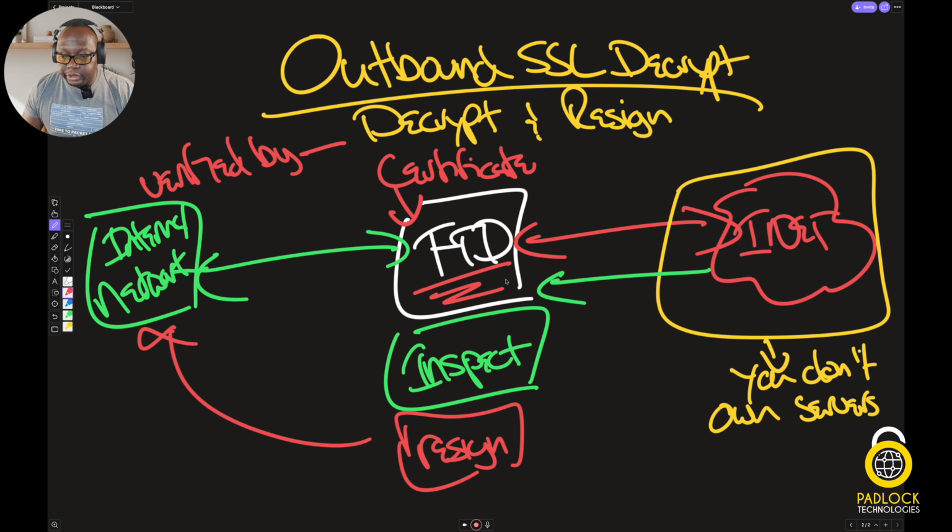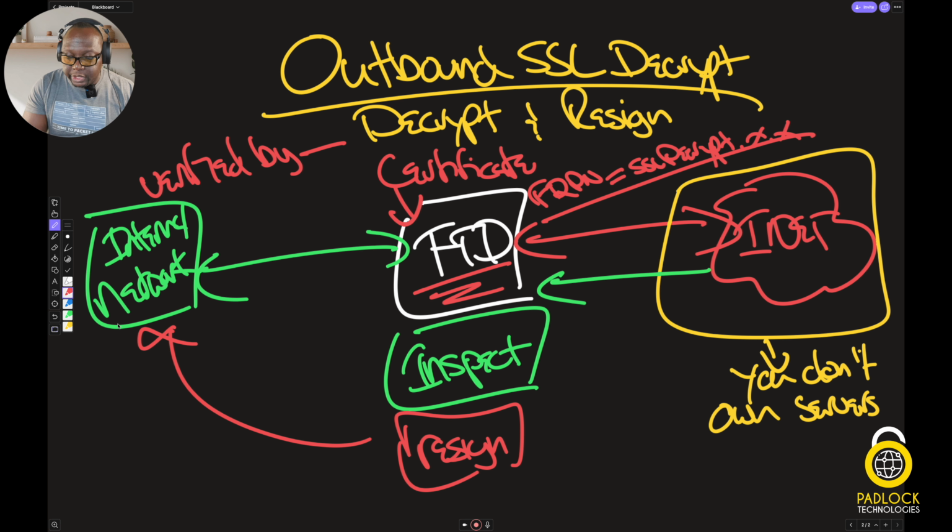So the FQDN could be something like ssl-decrypt.x.x, and you'll see this in your browser. You're only going to do this usually on the outbound, from people on the inside going to the outside, because again, this is the key: you don't own those servers. That's why you would do that.